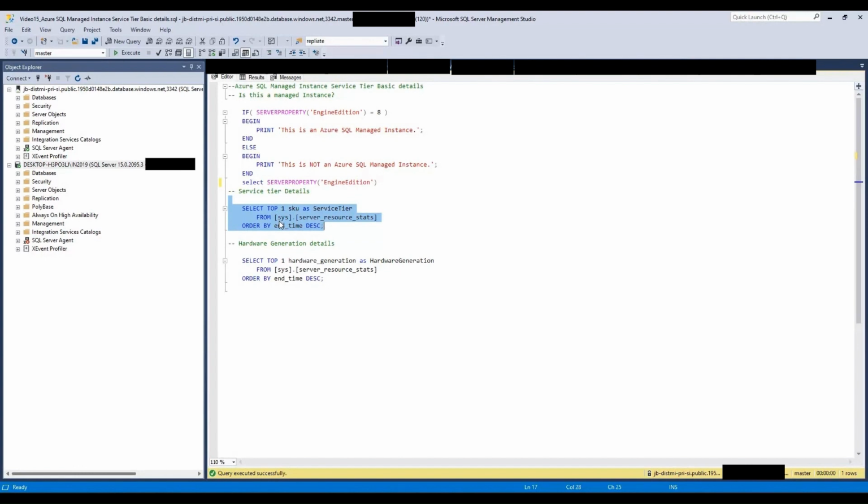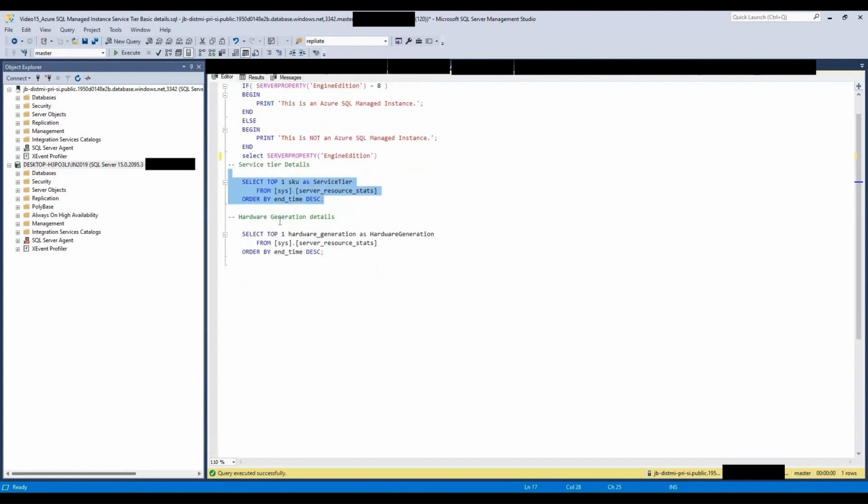For example, if I run this query on a business critical managed instance, it tells us it is a business critical managed instance. I have seen instances where a general purpose managed instance is deployed at the start and is changed to business critical and vice versa. This T-SQL can be really handy in checking this particular information.